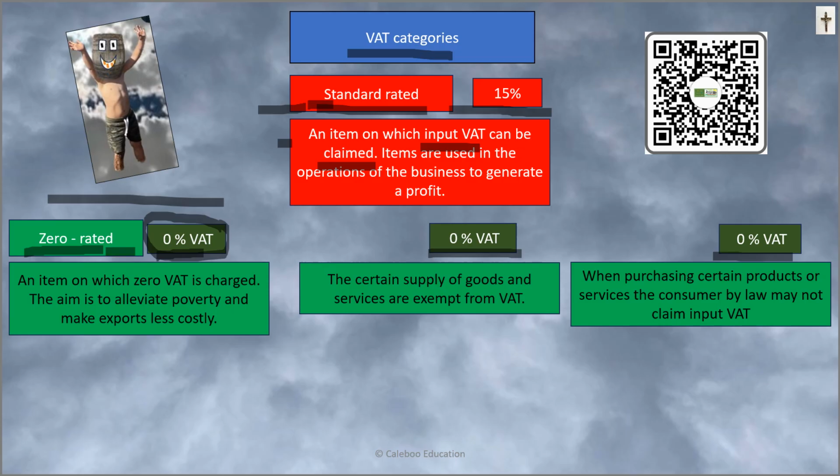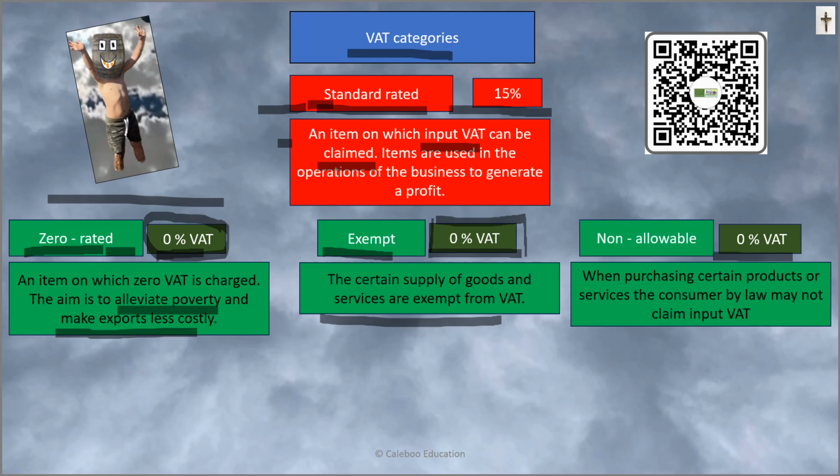And the purpose of this is to alleviate poverty and also to make exports less costly. There are exempt supplies, and once again, no VAT can be claimed on 0% VAT. We will have a look at examples of exempt supplies in the next slide.